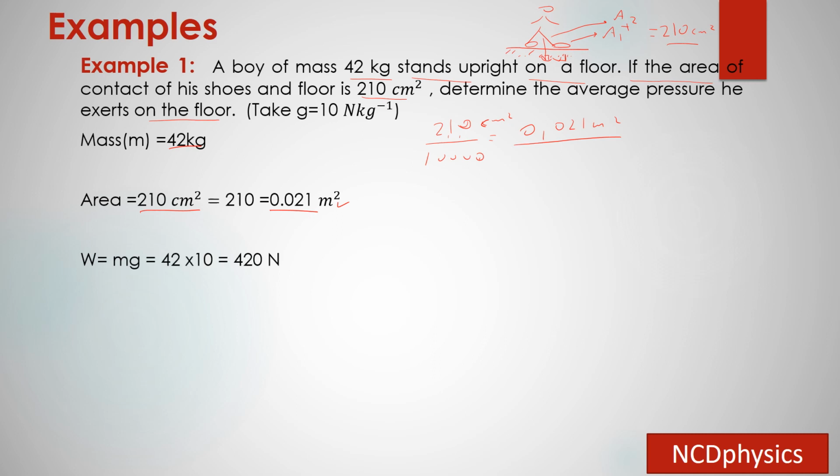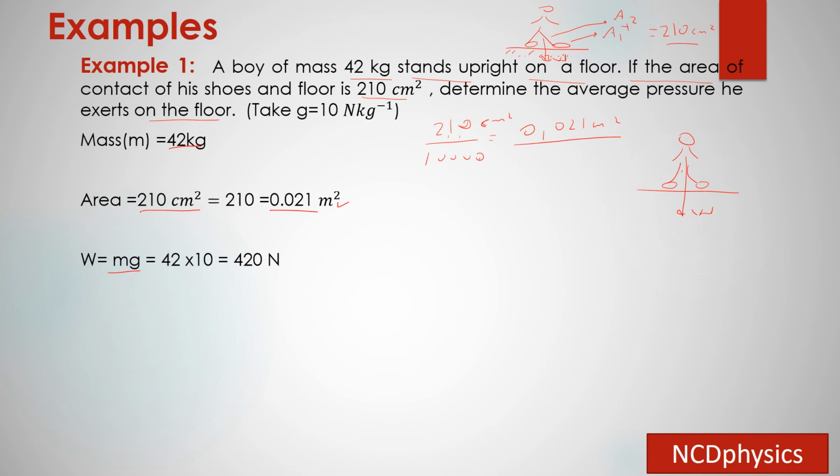As we said, the body is producing force on the ground, which is the body weight, the guy's weight. What is weight? Weight is equal to mg. This is the formula.